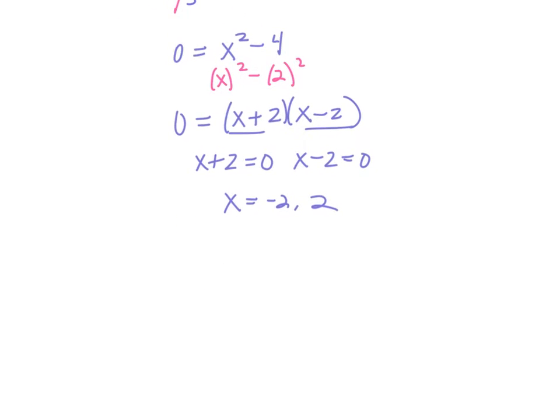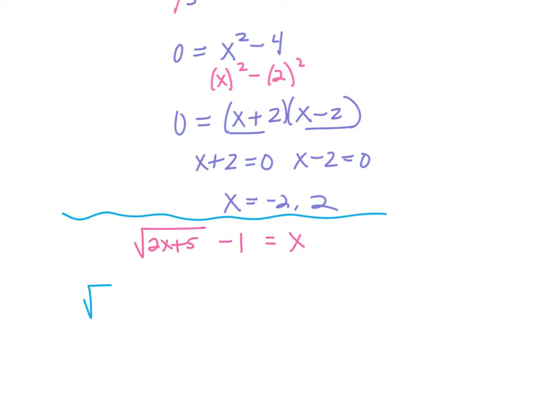All right, so does x really equal a negative 2 and a positive 2? Well, we got to check our answers. So let me just rewrite our equation. Square root of 2x plus 5 minus 1 equals x. First, we check the negative 2. So the square root of 2 times negative 2 plus 5 minus 1, we want to know if that equals a negative 2.